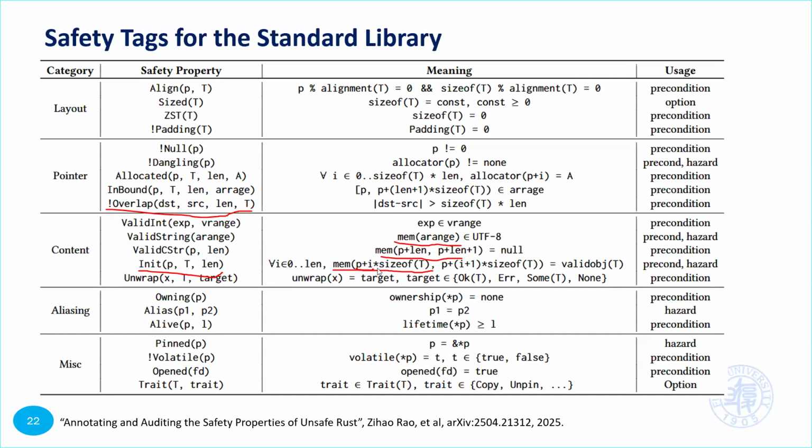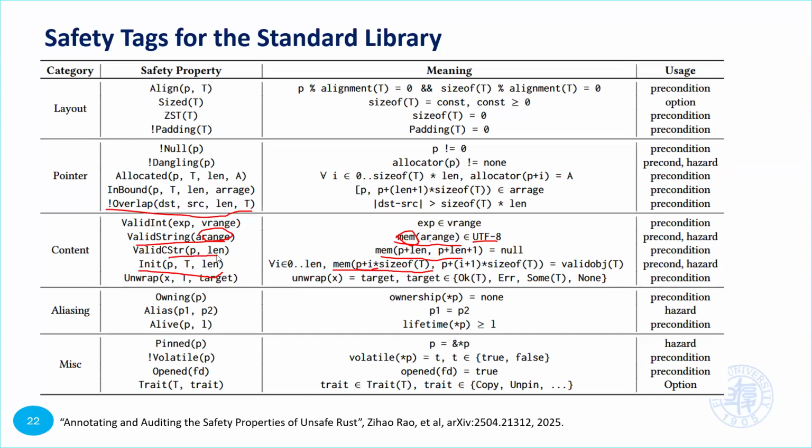Okay. For example, for valid string, we check, we give a parameter related to the address range. Then the memory is an abstraction of the valid UTF-8 format. So for the contract, we have to write such a valid UTF-8 check function by ourselves in order to prove.